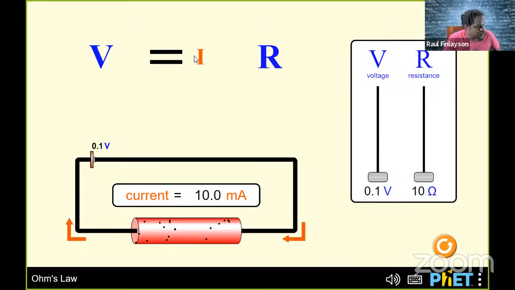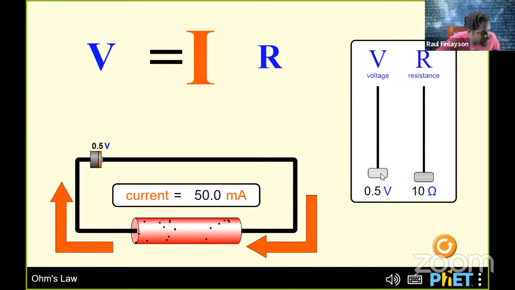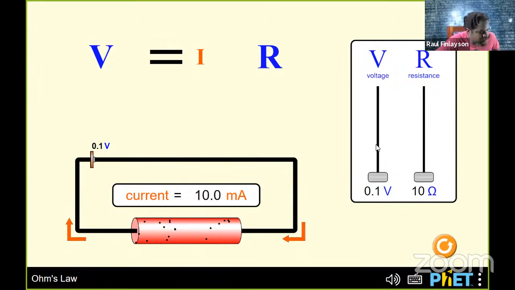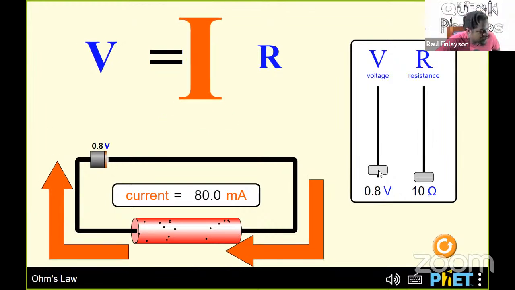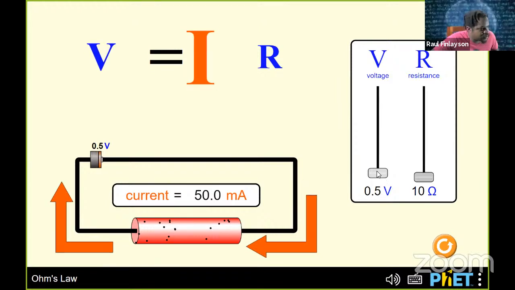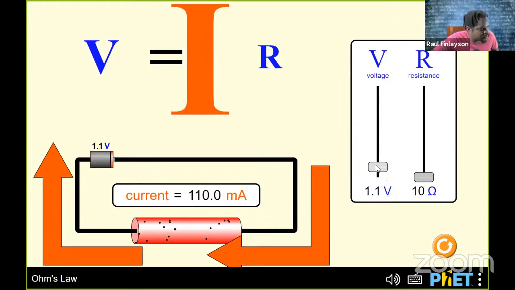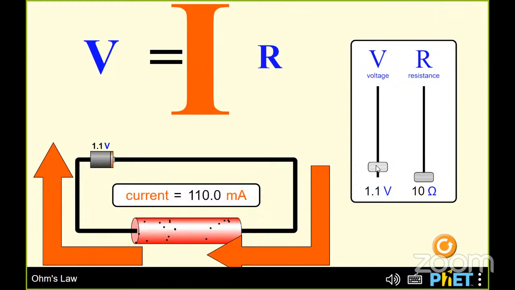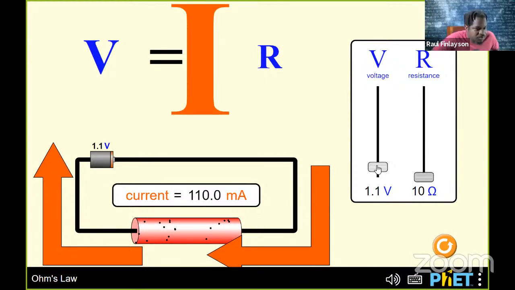But in this app now, what you could do is just vary the voltage. Realize that as I increase the voltage, every time I increase the voltage, what happens to the current? Increases too. Yep.